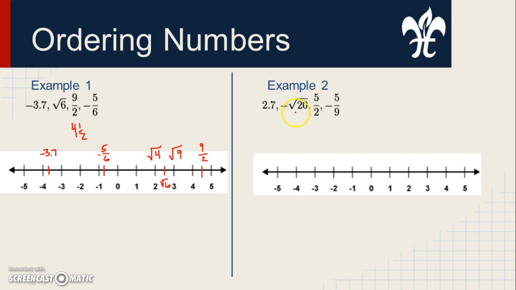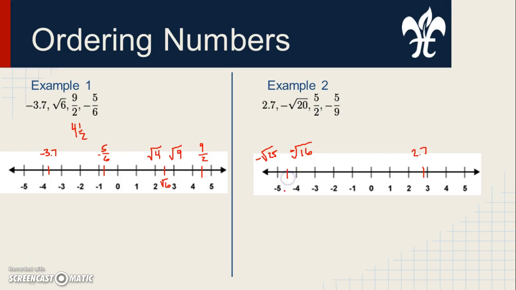Example 2. 2.7 falls here. Negative square root of 20 is in between negative square root of 16 and negative square root of 25.